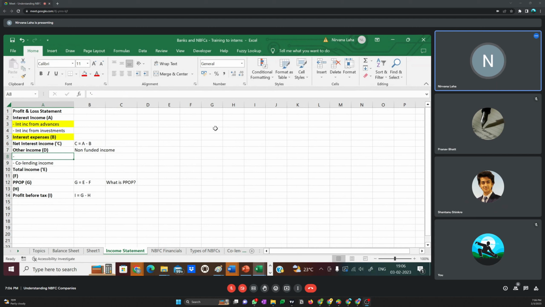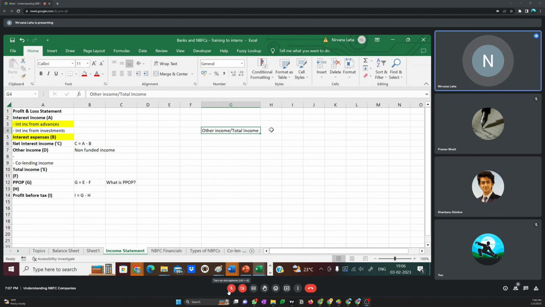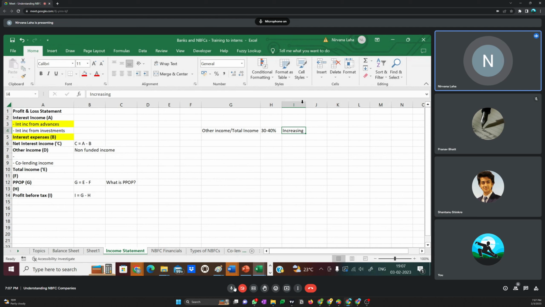One metric that we did not actually cover, which I should have covered, is other income by total income. If this ratio is very high, like 30-40%, or if it's increasing for a bank, both of these things are very good, because it means you have an existing customer base and the bank is able to squeeze out the maximum juice out of that customer base by cross selling different products to the same customer.